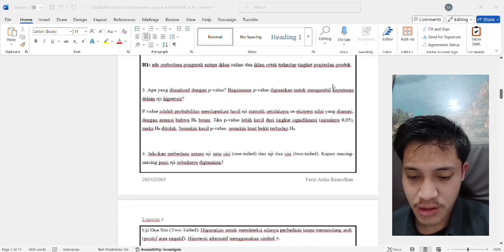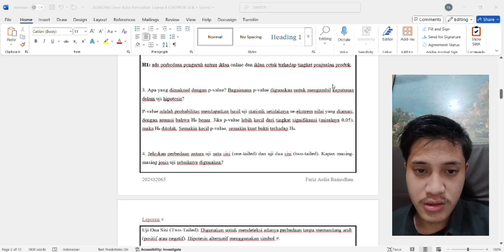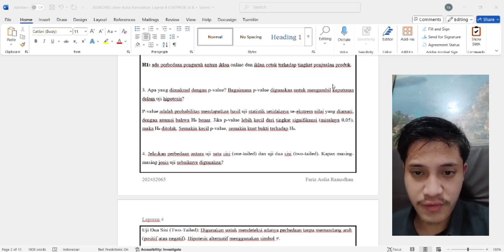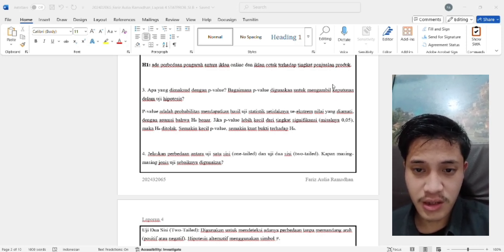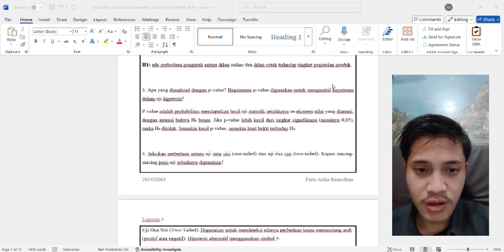Number three, what is the p-value? How is the p-value used in decision making during hypothesis testing? The p-value is the probability of obtaining a test statistic result at least as extreme as the one observed, assuming that the null hypothesis is true.